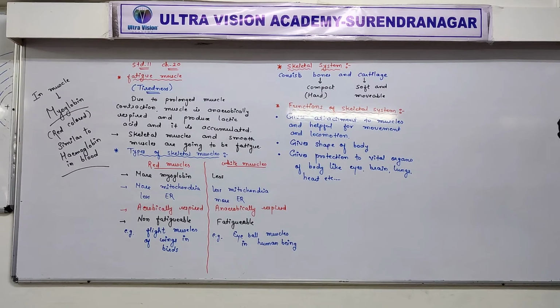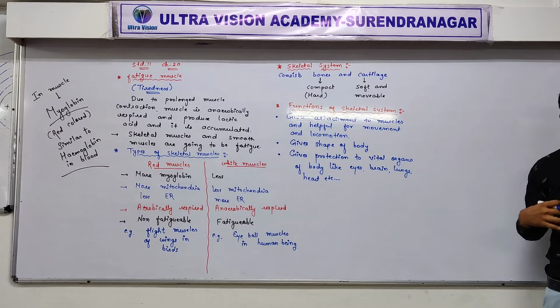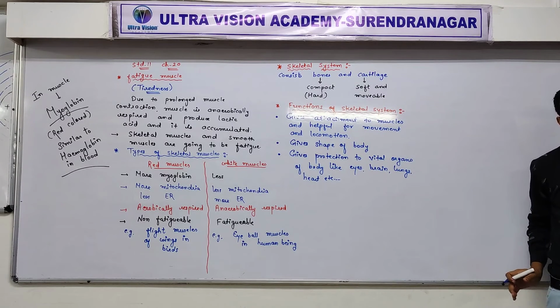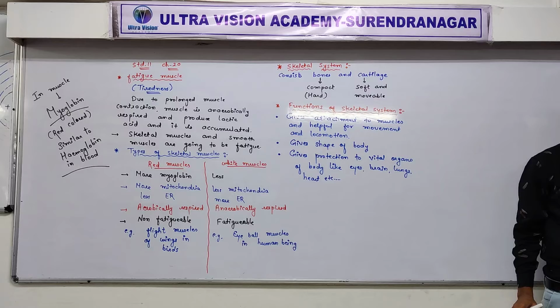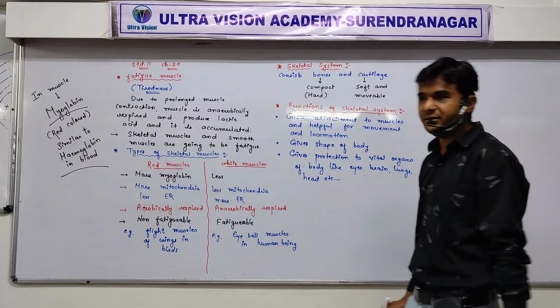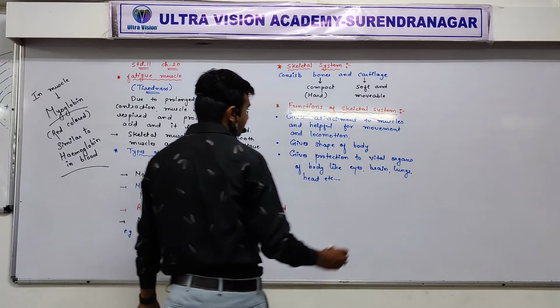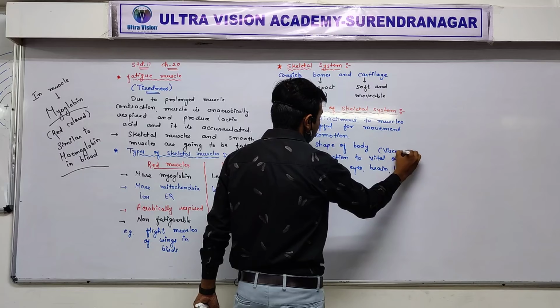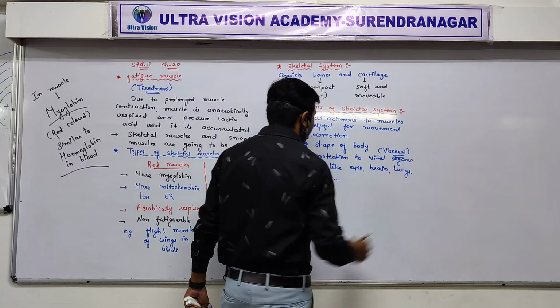Brain, lungs, heart, liver, kidney, and all the important excretory organs and reproductive organs are present in the pelvic region. These are protected by the pelvic bones. And so it gives protection to the vital organs or visceral organs. Visceral organs are also known as internal organs of the body.